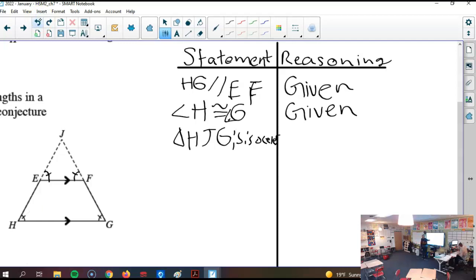Okay, this is good, and then we'll do those angles. What's the definition? I'm writing it. You're doing that side? Okay, and then angle E is congruent to angle F is congruent to angle H is congruent to angle G. Corresponding angles.